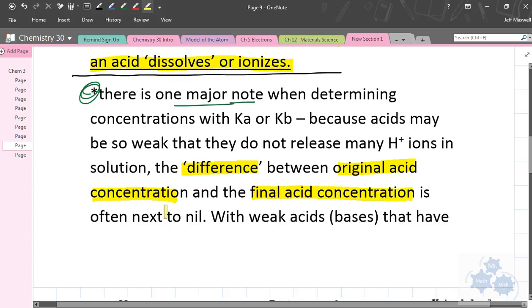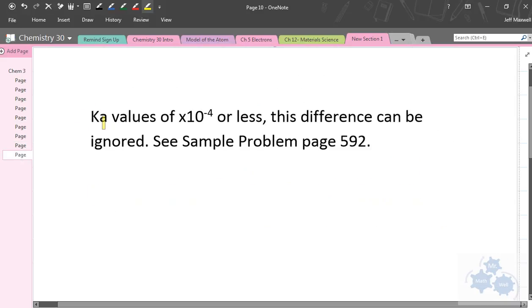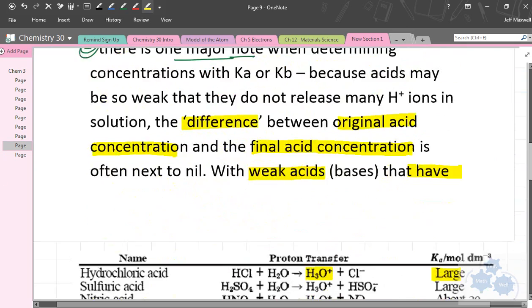With weak acids that have Ka values of 10 to the negative 4 or less, this difference can be ignored. I'm going to do an example for you here in the last 5-6 minutes of class. So once again, I'll go back to that other page.